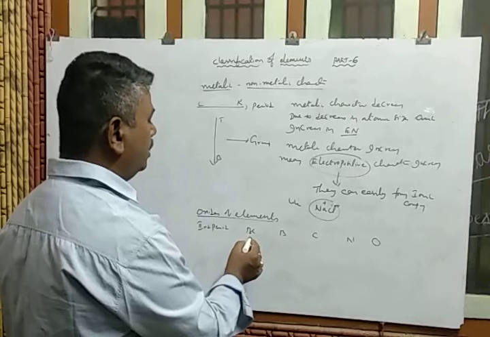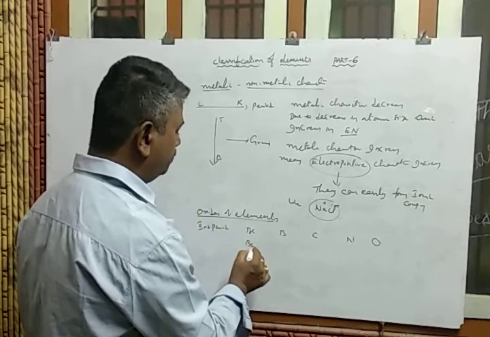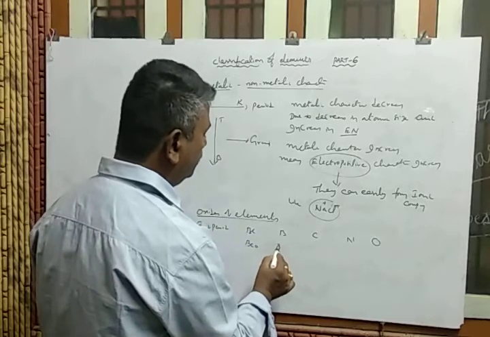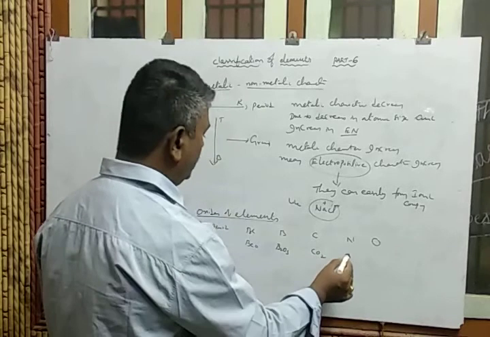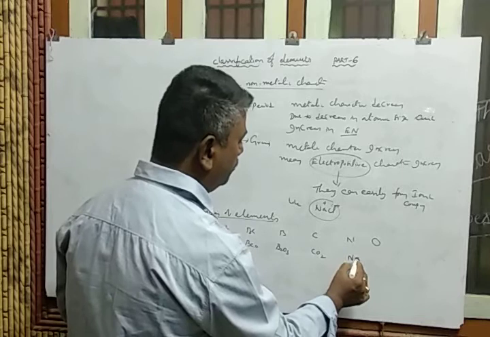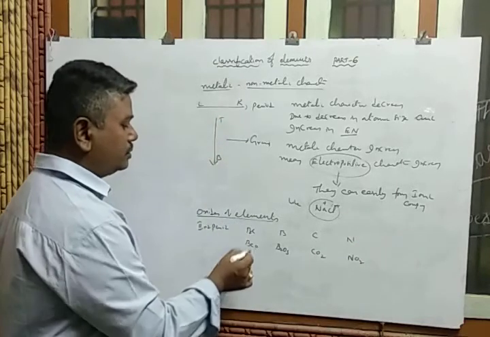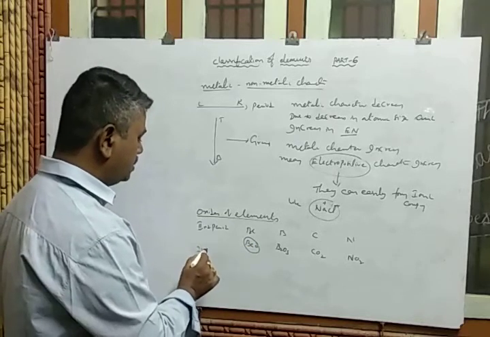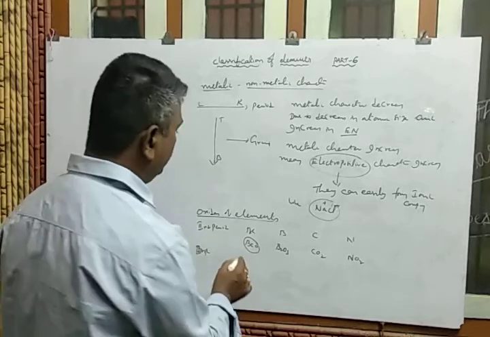what happened? Beryllium oxide, BeO, boron oxide, B2O3, CO2, and NO2, like this. So these are the oxides, whereas in the case of the third period, what happened?